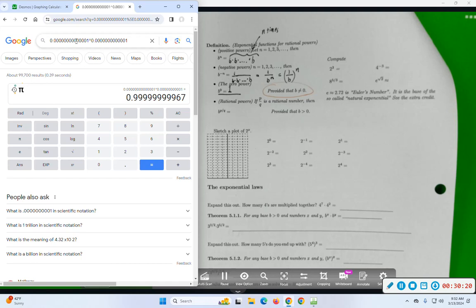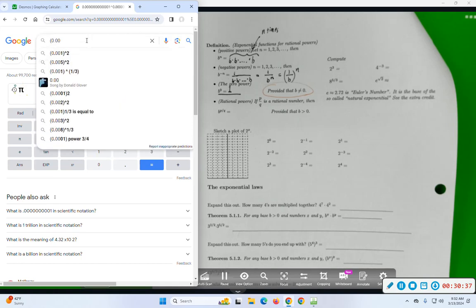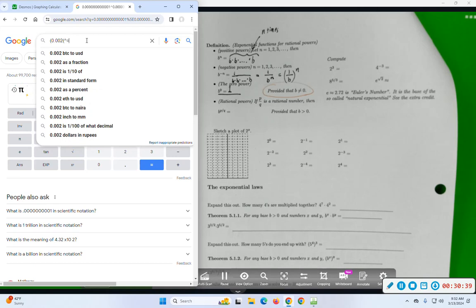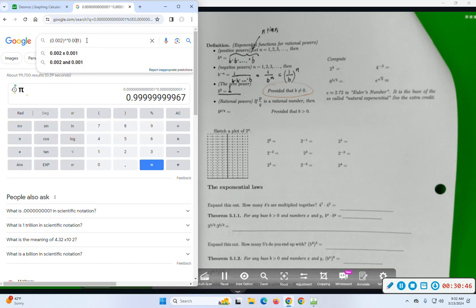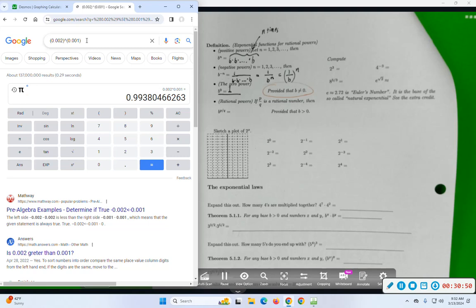Stick 2 there instead, because that should also be pretty close to 0 to the 0. So let's see what happens when we do that. 0.002 raised to the power. I don't think I need these parentheses, but I'm sticking them there anyway.